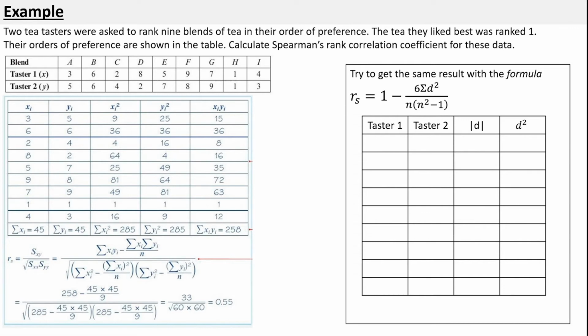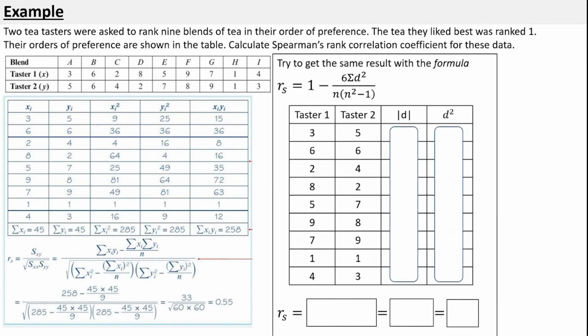Each of those contributes to calculating Sxy, Sxx, and Syy, which I've put into the formula for the PMCC correlation coefficient. Substituting all of those in, we get this mega calculation down at the bottom in all of its glory. It leads to 0.55. How about if we use the shortcut formula?